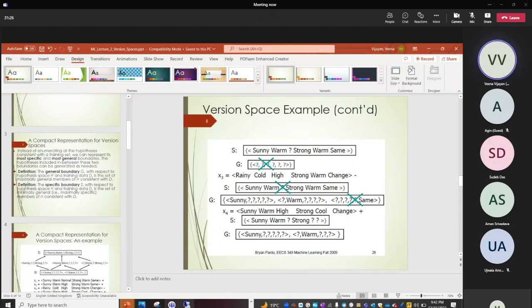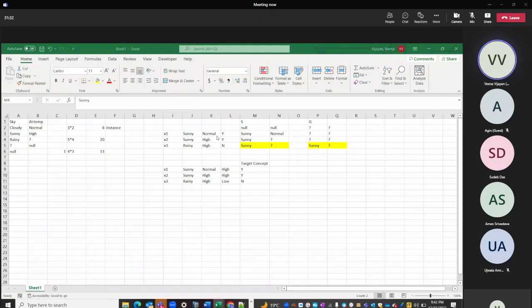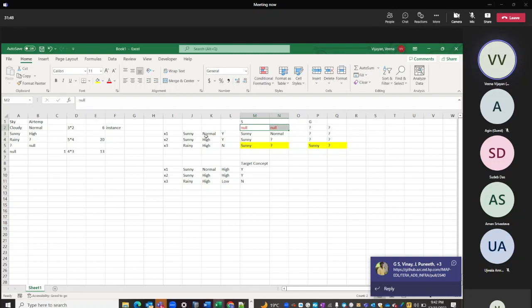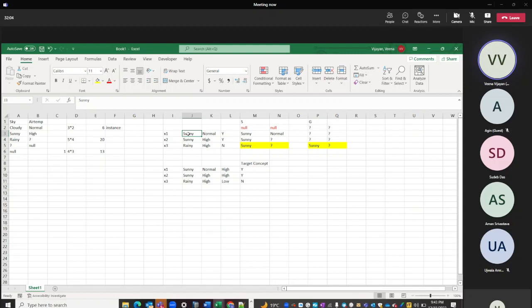In this example, we have the null hypothesis and the generic hypothesis. We eliminated the null hypothesis first, because our first instance is sunny, normal. When we validated sunny against null, it is not matching. Normal against null, it is not matching. So we just replaced it with the current instance value. You are understanding this, right? Null is not equal to this attribute value, and question mark is equal to the attribute value.